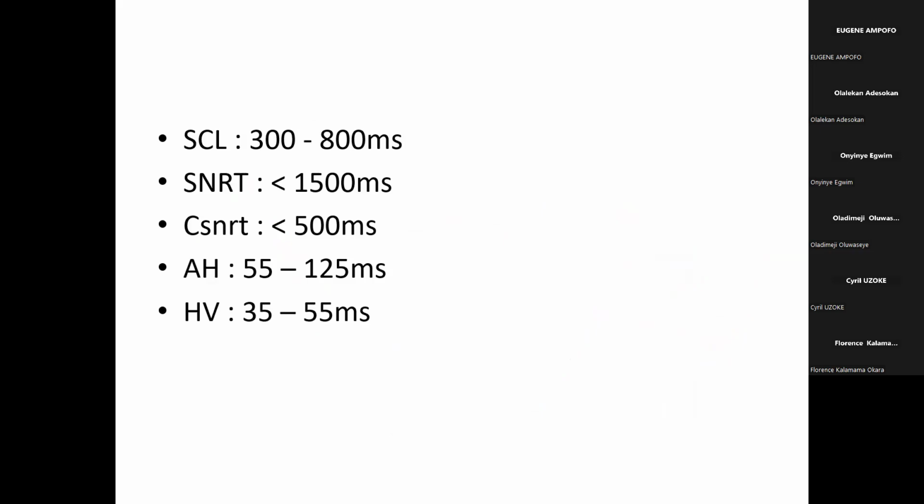It's just important to know what each one of them is trying to assess, the purpose of the time interval. So anytime we say that somebody has SCL, it simply means sinus cycle length, the sinus node cycle length, that means between one cycle to the next cycle.